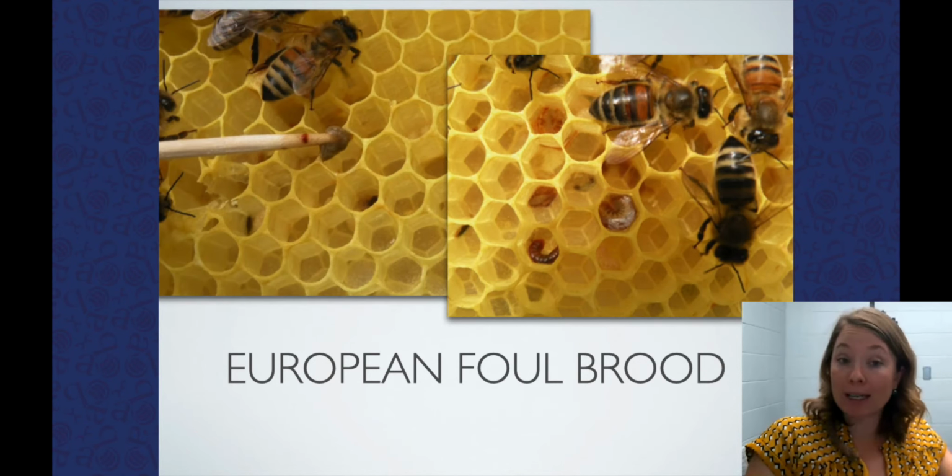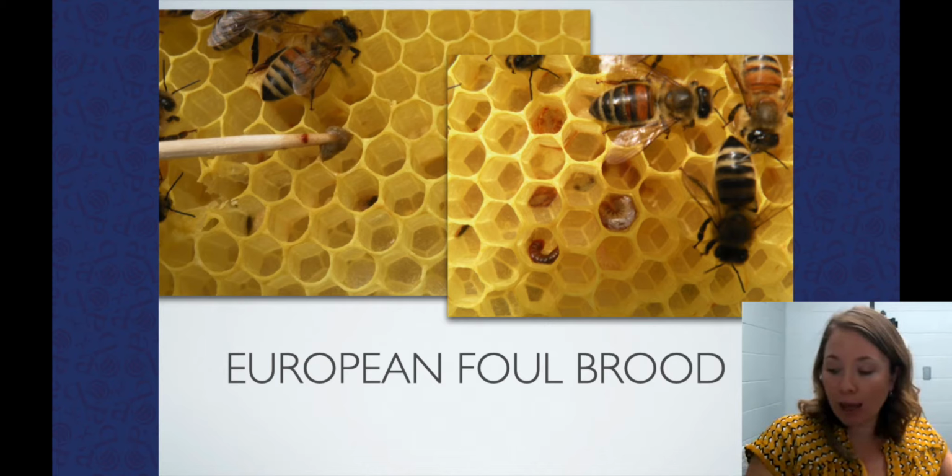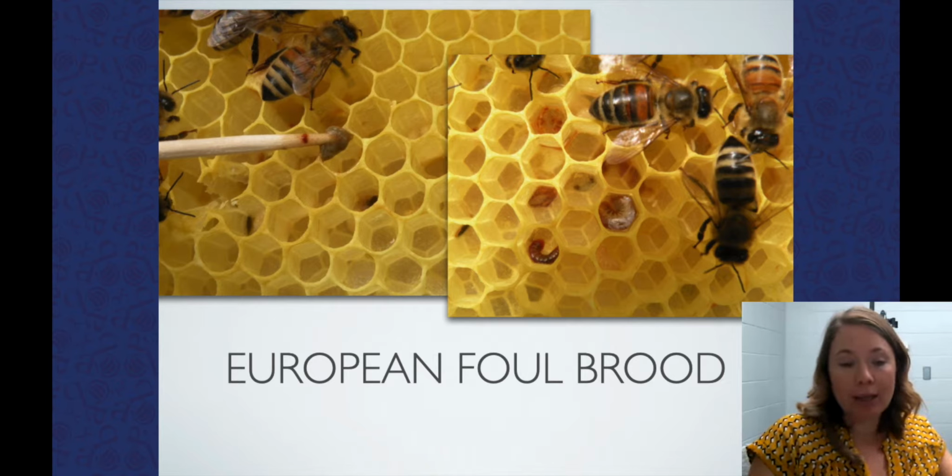European Foulbrood presents differently. And the reason it presents differently is that the bacteria actually behaves extremely different in the bee gut than American Foulbrood. How it works is that it, like American Foulbrood, will infect an early stage larva, it'll enter the gut, and it competes for food in the gut of the bee, eventually starving that larva and then reproducing itself.